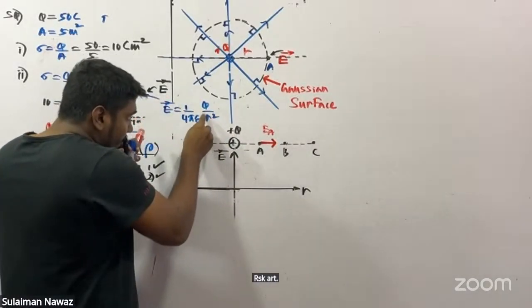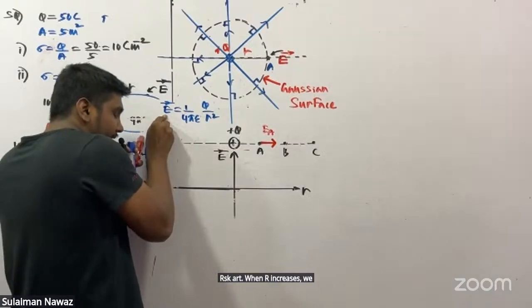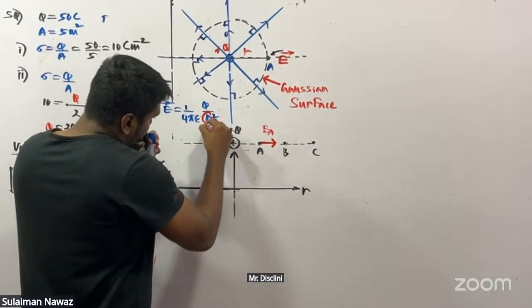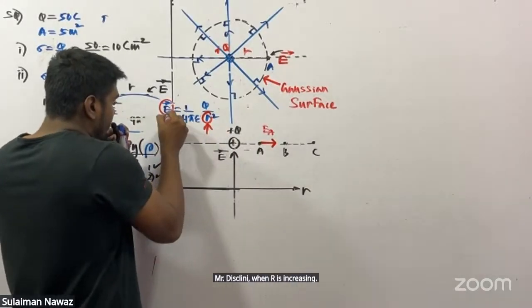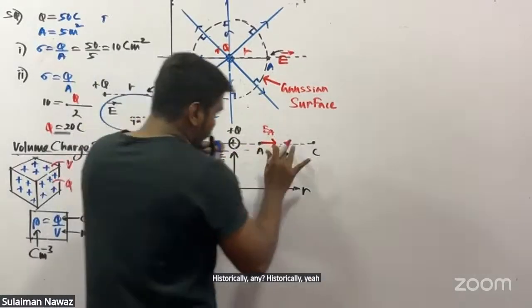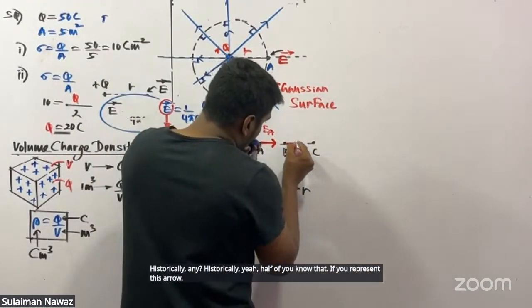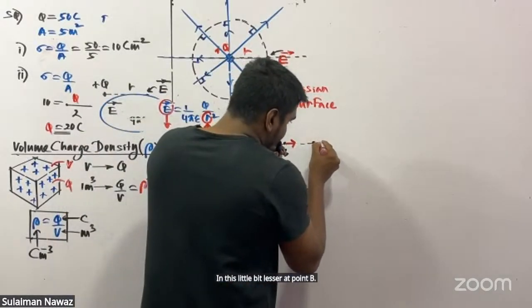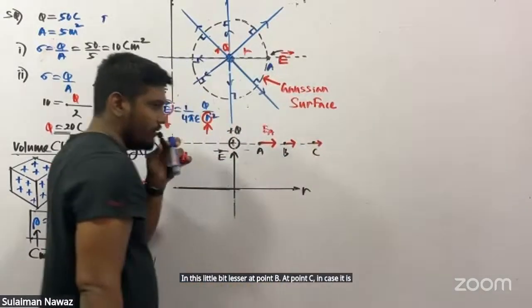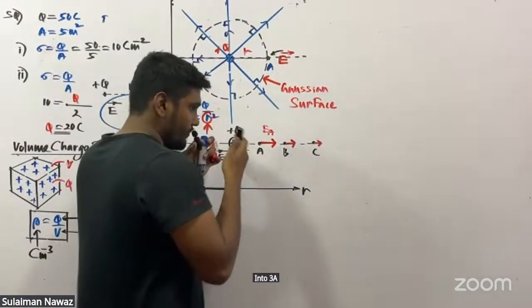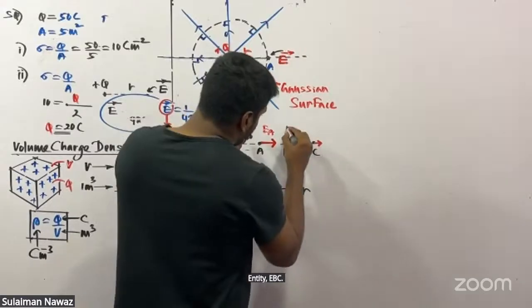When r increases, the magnitude of the intensity decreases. Therefore, if you represent this with arrows, intensity is a bit lesser at point B, and at point C the intensity is very small. A, B, C.